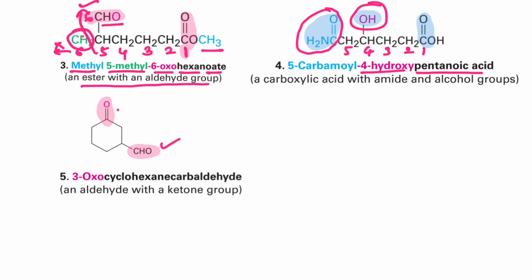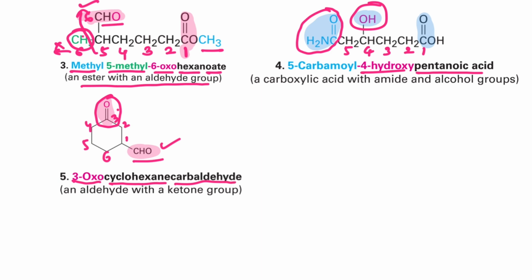Therefore, now we have to give numbering 1, 2, 3, 4, 5, 6. At which position do we have the keto group? The keto group prefix name is oxo. Therefore, 3-oxo. Next, cyclohexane is the parent chain, carbaldehyde.